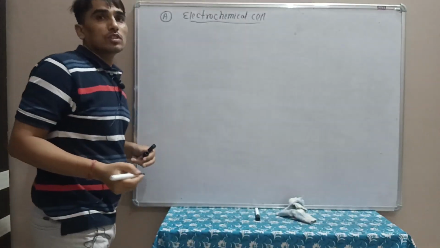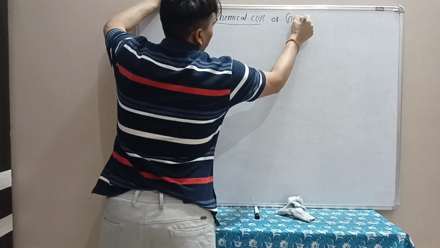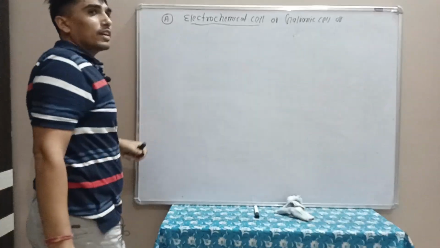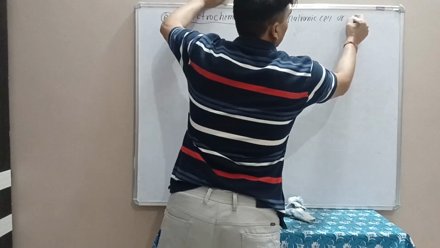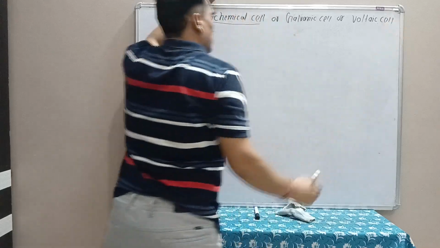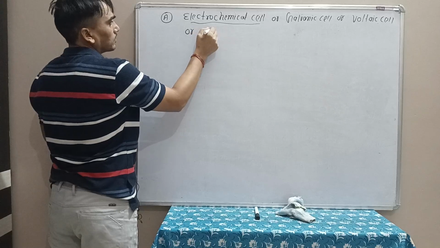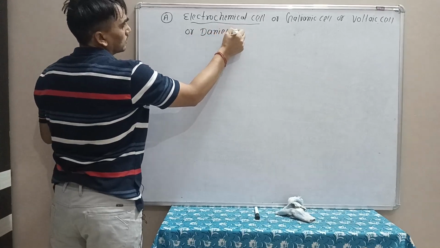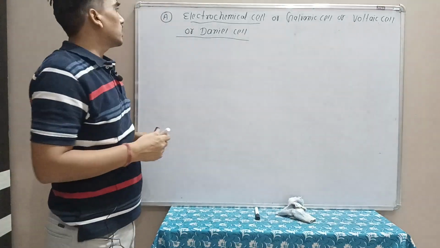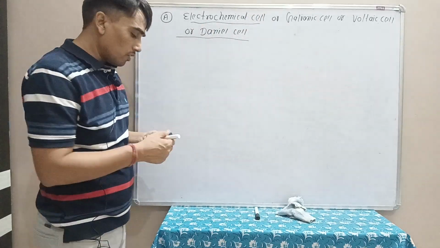These cells are also known as galvanic cells, also known as voltaic cells, and another name is Daniell cell. So there are different names: electrochemical cell, galvanic cell, voltaic cell or Daniell cell. Now we can understand this.